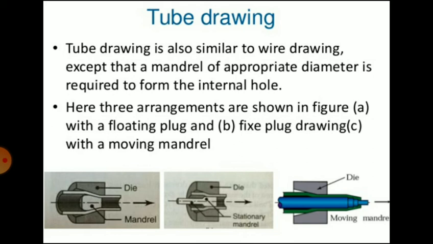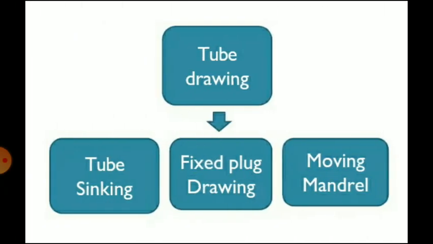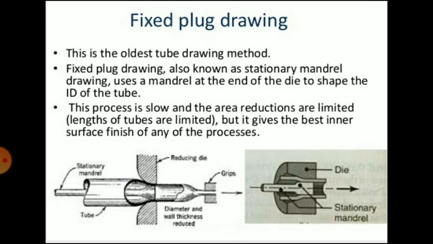Here three arrangements are shown in the figure: floating plug, fixed plug and a moving mandrel. So classic tube drawing is classified as fixed plug, moving mandrel and floating plug. Fixed plug drawing is the oldest tube drawing method. Fixed plug drawing, also known as stationary mandrel drawing, uses a mandrel at the end of the die to shape the ID of the tube, that is the internal diameter of the tube.